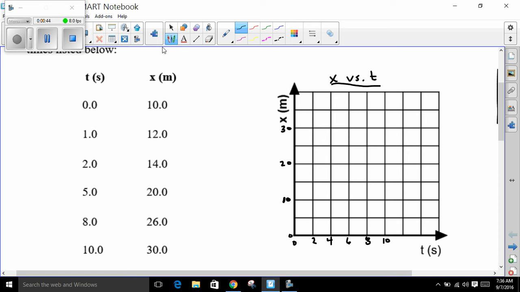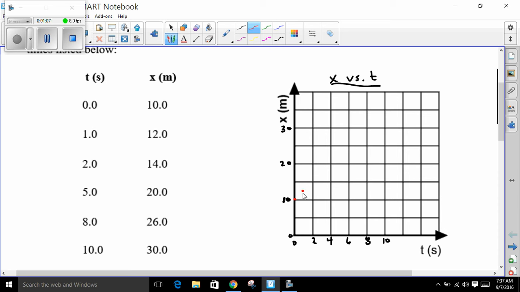So let's plot the points. At 0, we're at 10, right here. At 1 second, which is halfway between the 0 and the 2, we are at 12. Maybe somewhere through, that would be 15, so somewhere up here.